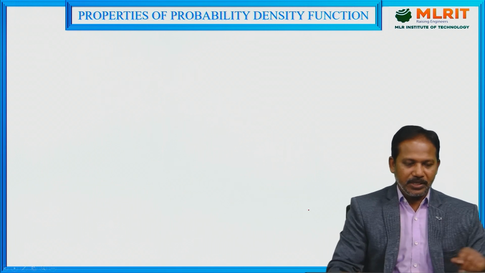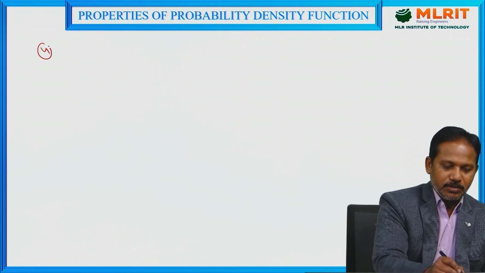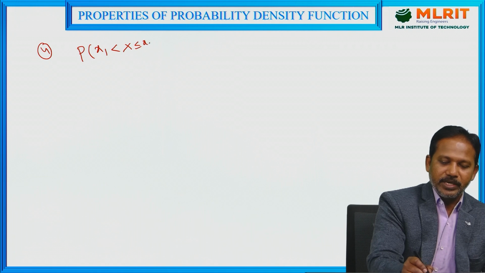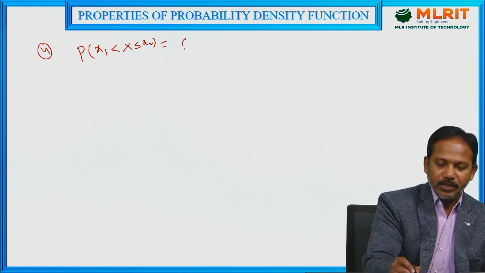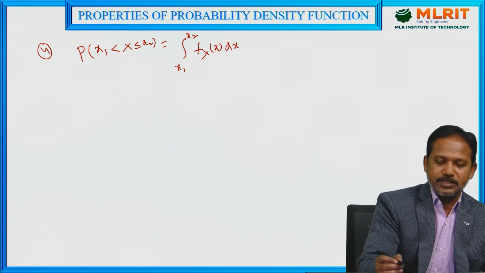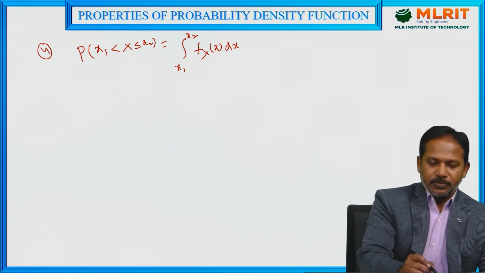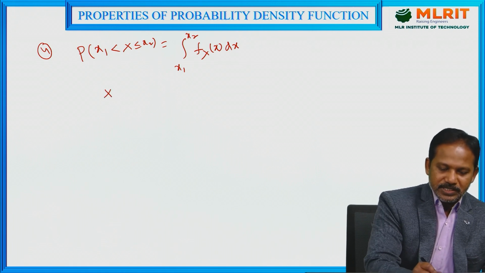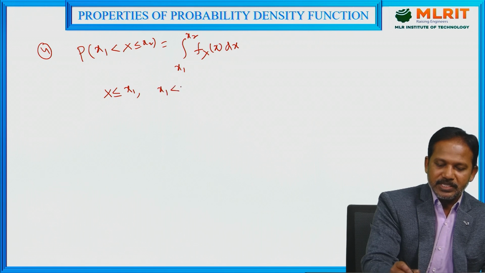Next, the fourth property, that is we need to prove that P of x1 less than X less than or equal to x2 is equal to the integral from x1 to x2 of small f_X of x dx. Here I am assuming two conditions, that is X less than or equal to x1 and x1 less than X less than or equal to x2.